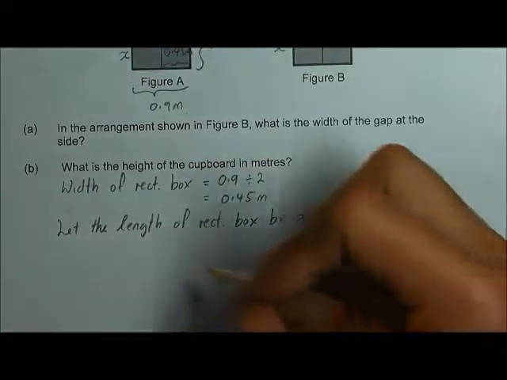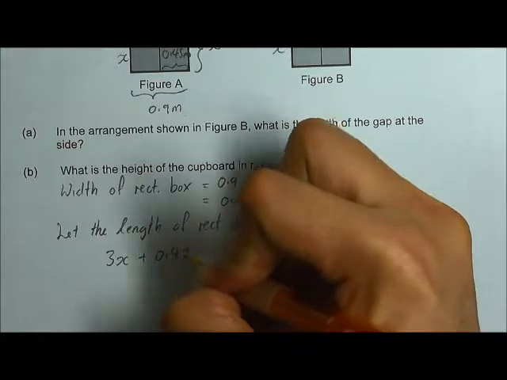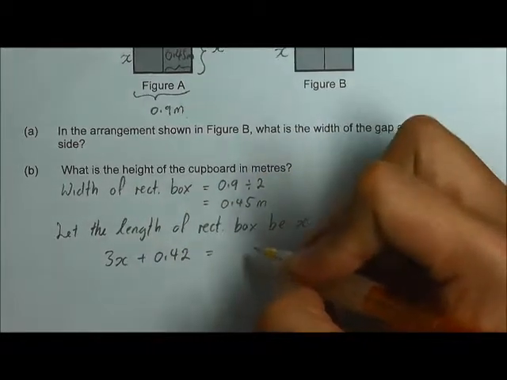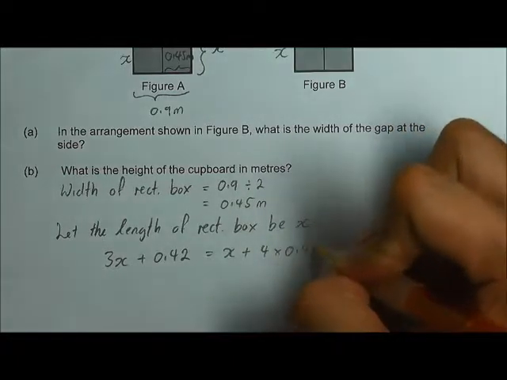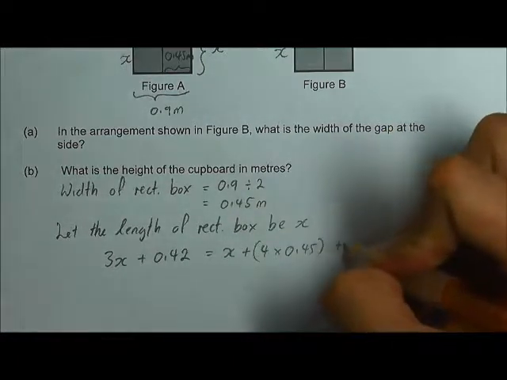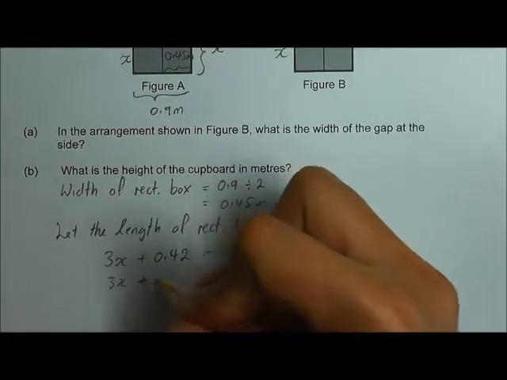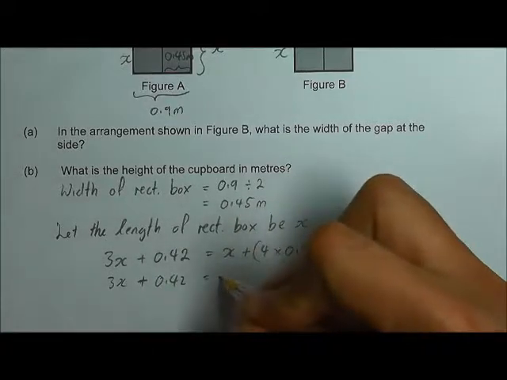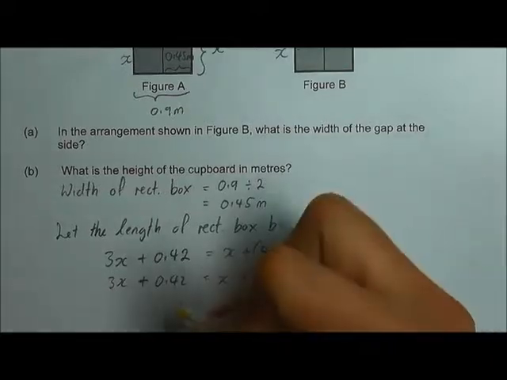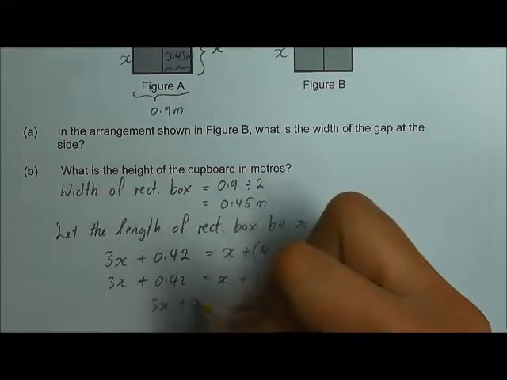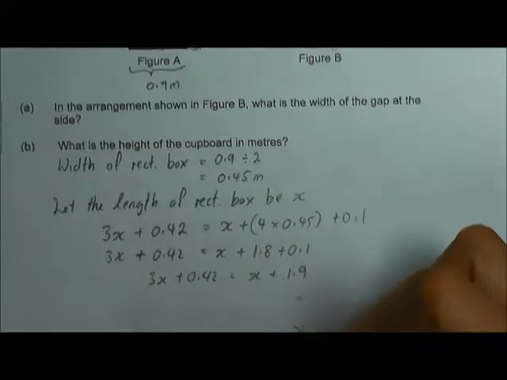The equation will be 3x plus 0.42 is equal to x plus 4 times 0.45 plus 0.1. So we have 3x plus 0.42 is equal to x plus 1.8 plus 0.1. So 3x plus 0.42 is equal to x plus 1.9.